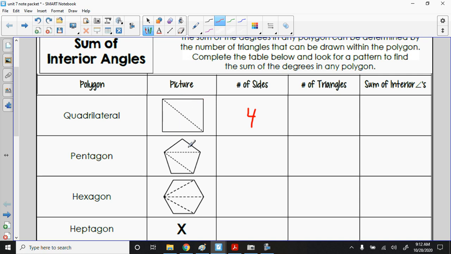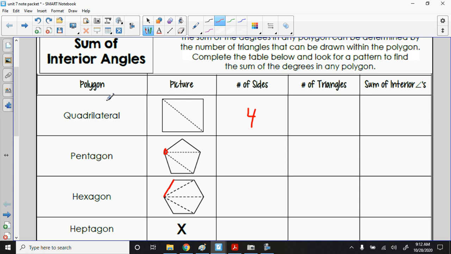So draw non-intersecting diagonals like the pictures you see here. The easiest way would just be to pick any corner. I picked this leftmost corner on these two, and I just started drawing diagonals until I couldn't draw them anymore. So I hit that one. I can't draw this because that's not a diagonal, that's a side. A diagonal goes through the shape.